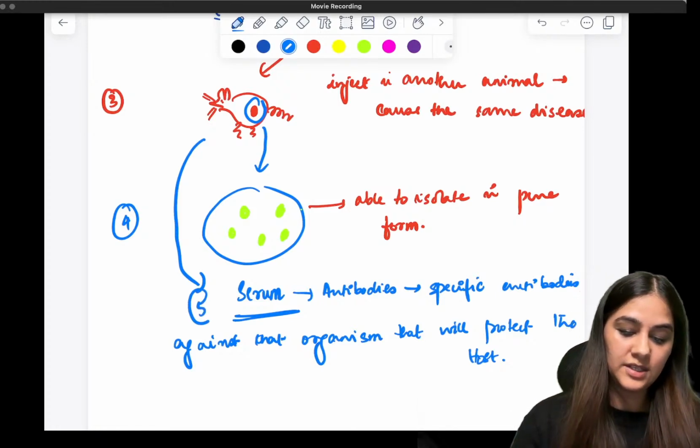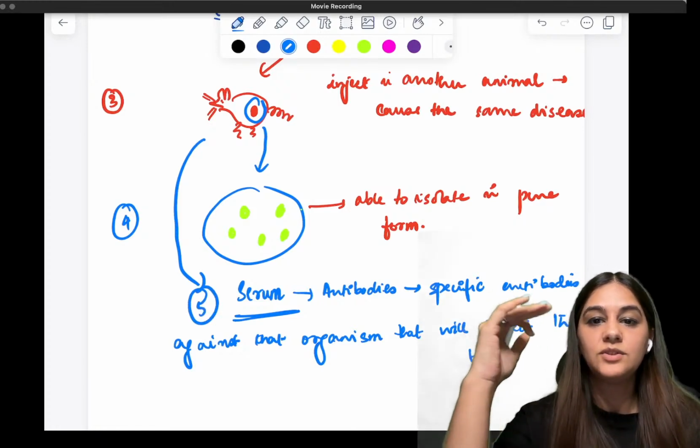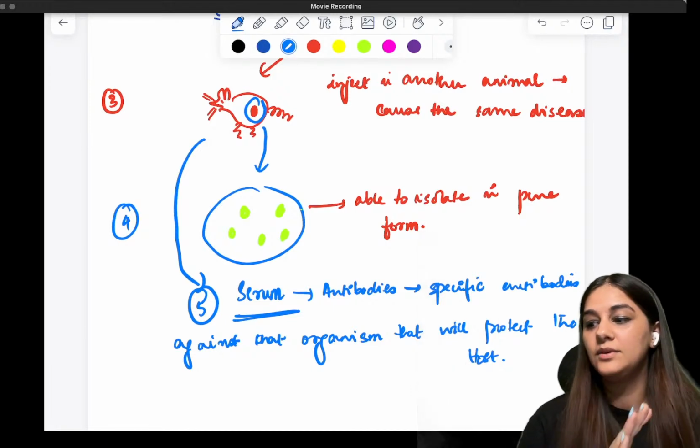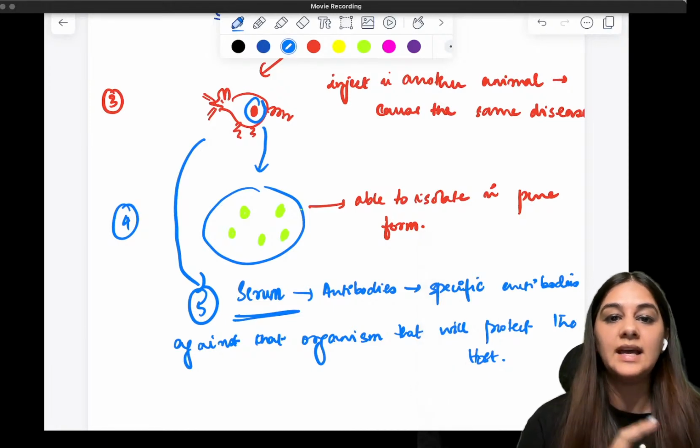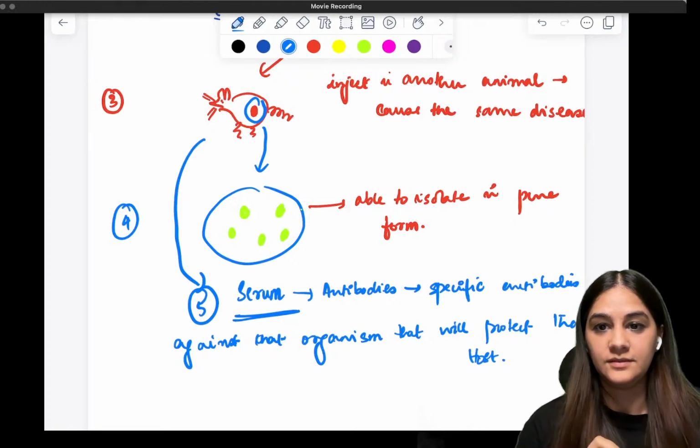So this is actually the fifth postulate, which was added later. Initially, there were only four postulates, and this fifth one was added later, right?